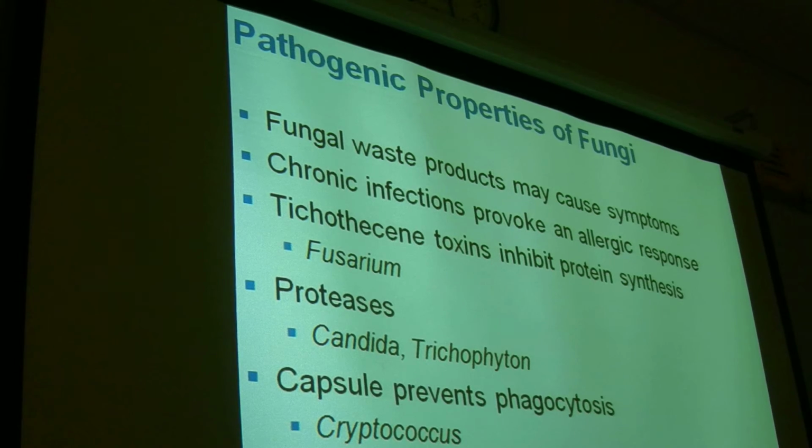Okay, I'm just going to go through this quickly because we're talking about a few of the other types of microorganisms. Again, we focus mostly on bacteria, but there are other families that are considered microorganisms. With fungal infections, typically the two ways a fungal infection will cause harm to the host are by waste products that the fungus produces or by an allergic response from a chronic infection.